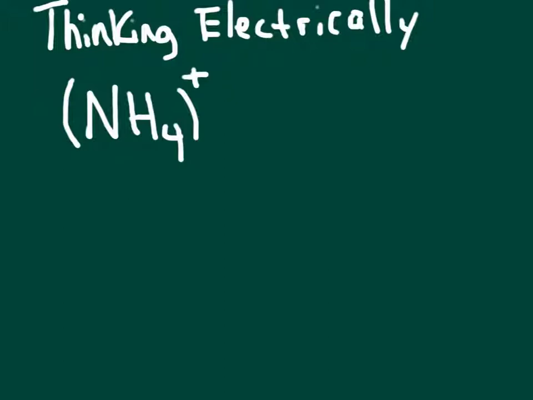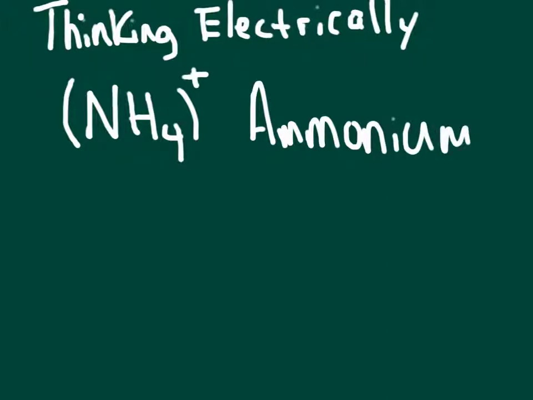So let's think electrically. You've got an NH4. This is an ammonium polyatomic ion. And actually, I've forgotten an M. Let's erase that. Ammonium. This has a nitrogen in the middle and 4 hydrogens around it.